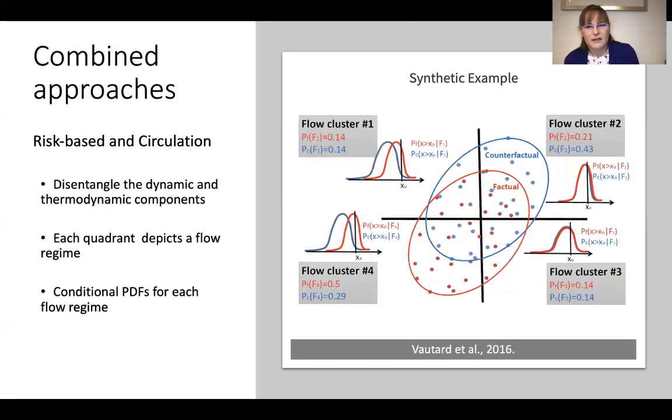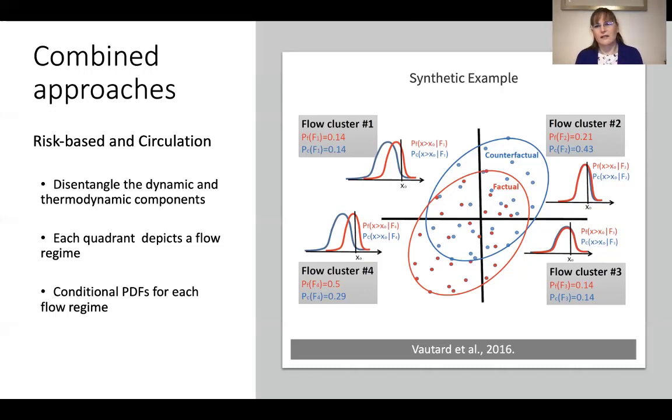Another great example, this is actually a synthetic example illustrating things, but there are papers that have tried to use this, and this is one by Robert Vautard et al. in 2016, and this is using a combination of both the risk-based and circulation approaches. This is really trying to get to the nitty-gritty of disentangling the dynamic and thermodynamic components.